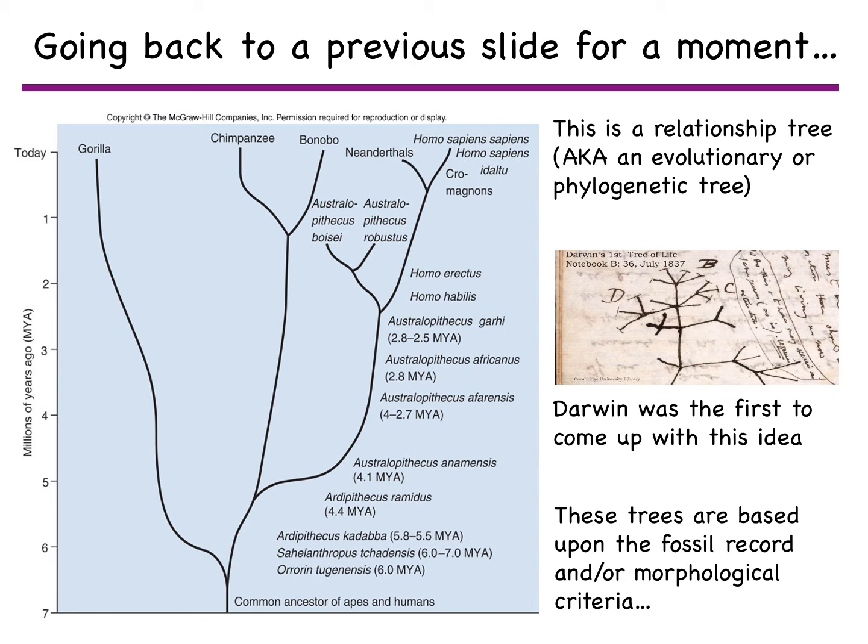And the tree on the left is based on the fossil record. The one that Darwin was trying to draw was based on morphological criteria. And in fact, traditionally, most evolutionary trees do rely on morphological criteria. So I'll describe the basic approach that people use for trying to create genetic trees that are largely derived from morphological criteria on the next slide.